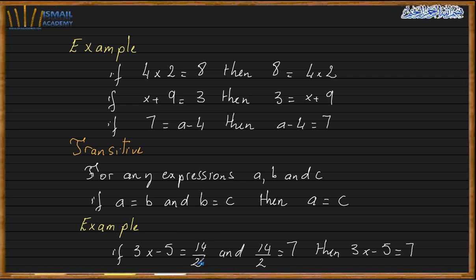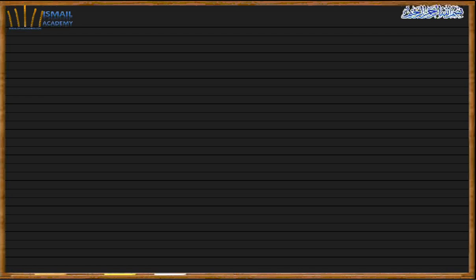So if you see that an expression is equal to another number, make it equal to a number. Use the transitive property. It will help you solve your problem easily. So this is about the properties of the equal sign. Now we're going to talk about the operation property of the equal sign.